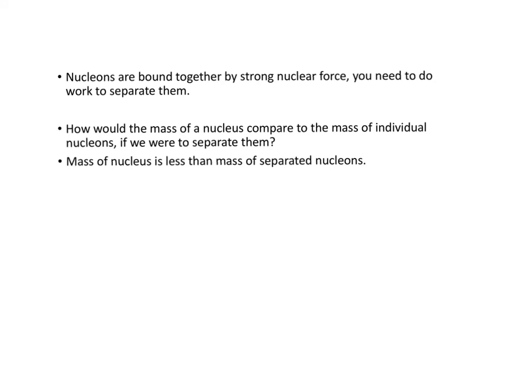So how would the mass, now that we know about mass-energy conservation, compare to the mass of the individual nucleons if we separate them? Well, the mass of the nucleus is actually less than the mass of the separated nucleons.